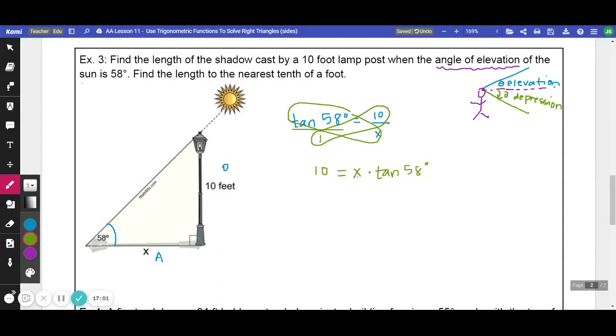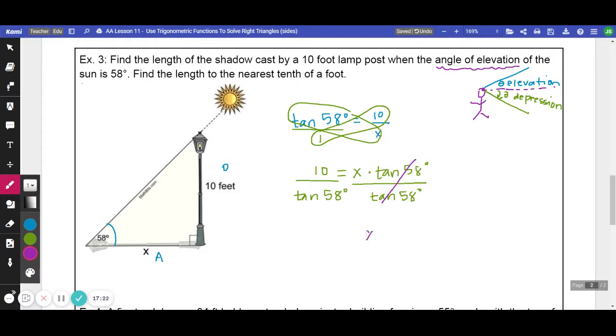And now you can see that since these are being multiplied and I want to solve for x, I'm going to divide by tangent of 58. So tangent of 58 over tangent of 58, that's just 1.